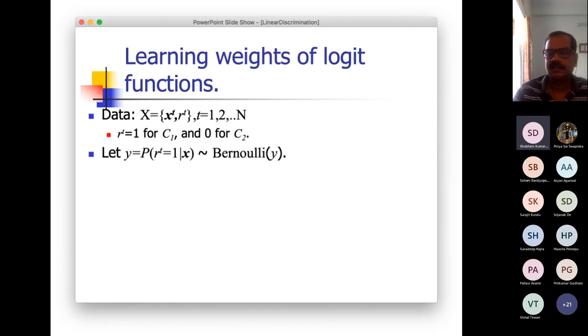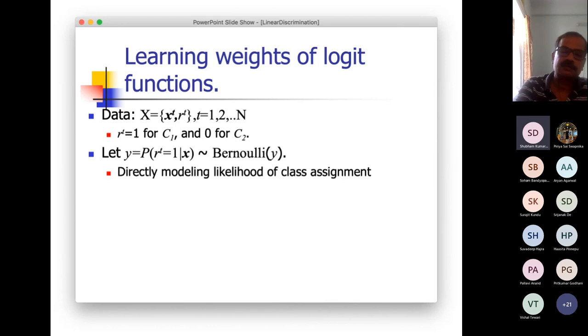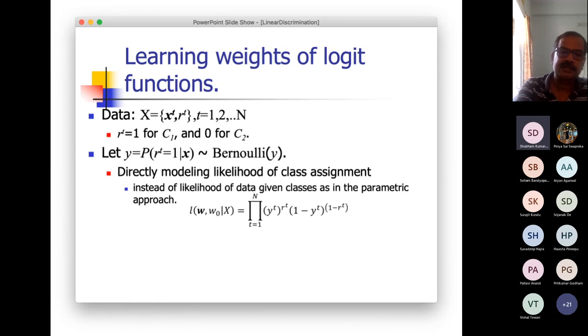Naturally, suppose y is the parameter of a Bernoulli process, so a sample can belong to class 1 with this probability y, and similarly it can belong to the other class with 1 minus y, but it is given the data itself. As I was mentioning, it is directly modeling it.